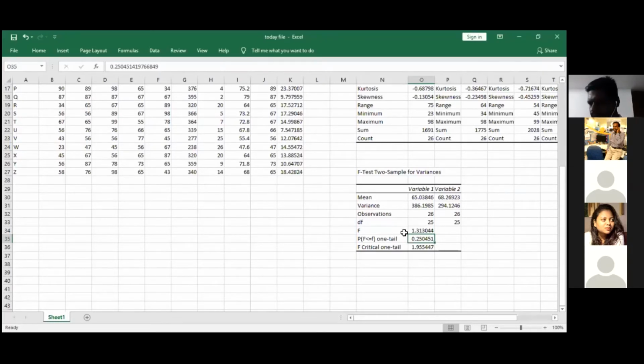Next, the T test. That was the F test, next is the T test.